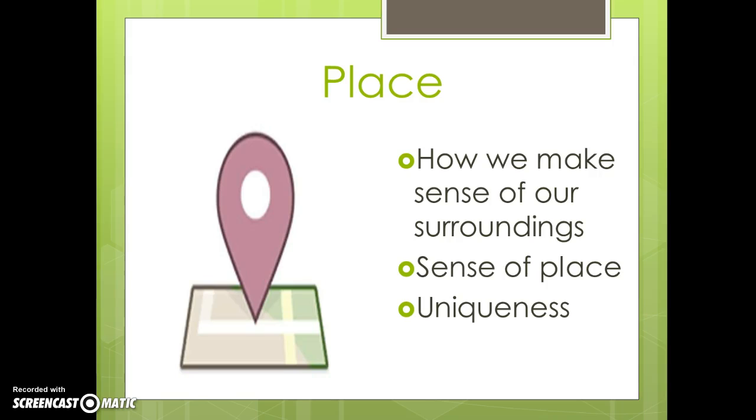Place is also the things that make one space unique compared to another. So if you're sitting in my classroom, part of what makes my classroom a unique place is we've got the huge world map mural on the wall, we've got quotes all over a bunch of the other walls, there's a billion different maps and things. That's what makes my room a unique place.